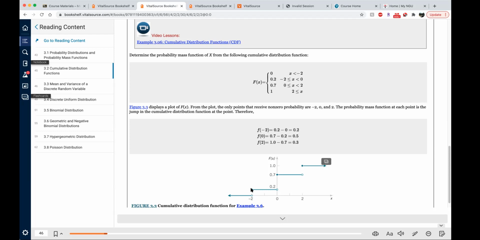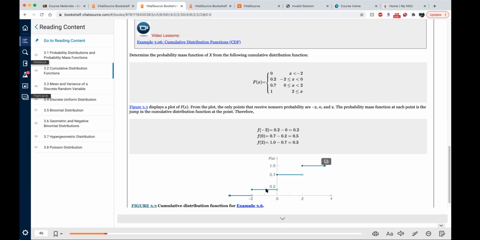And the PMF at, for example, -1 is still 0, and at -0.5 it's still 0. The PMF at any x value greater than -2 and less than 0 is 0. But why do we get 0.2 there? Because this is the CDF.